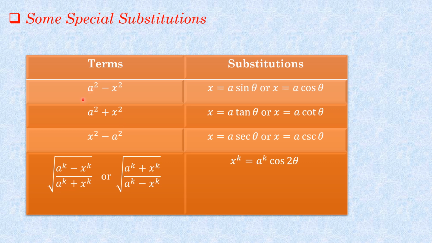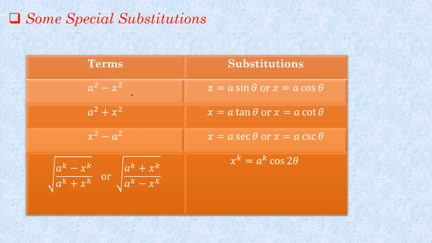If inside inverse trigonometric functions these types of terms are present, then we take the replacement for x as given in this table. If the term is like a square minus x square, where a square means a constant number, it may be 1 minus x square, 2 square means 4 minus x square, 9 minus x square, that means a constant number minus x square.